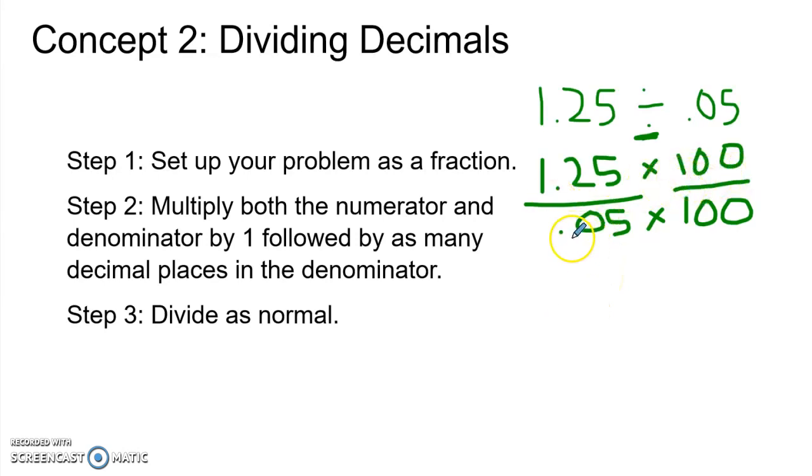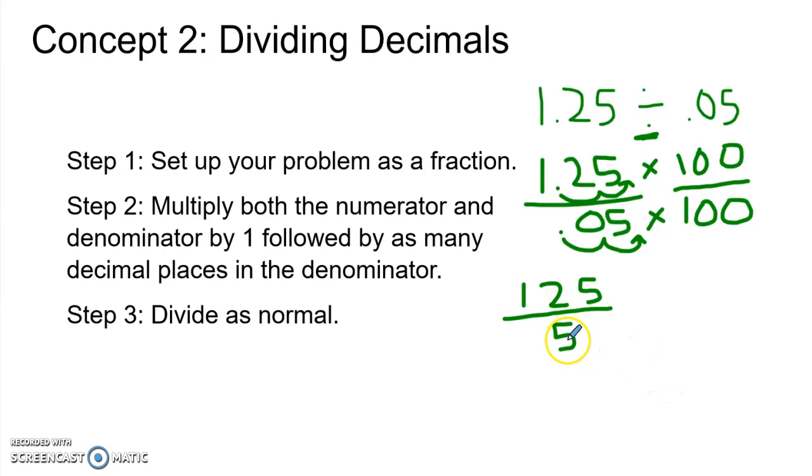So multiplying by 100 is going to have the effect of moving my decimal place over 2, 1, 2. And I'm going to rewrite my new operation as 125 over, and I get to drop this 0 because I moved my decimal place over, 125 divided by 5.